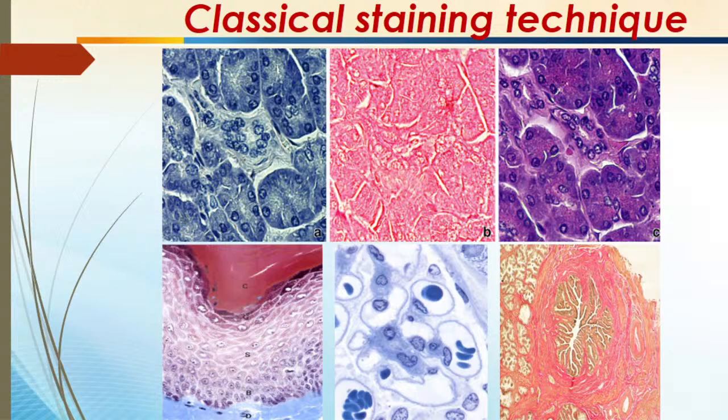Because of that, we talk about the classical redox reaction. You may have studied redox reactions in chemistry, and this reaction takes place inside the cells after the staining techniques. Look at the left picture. This is a combination of chemical reactions: blue-purple nuclei and pinkish and red granules inside the cytoplasm.